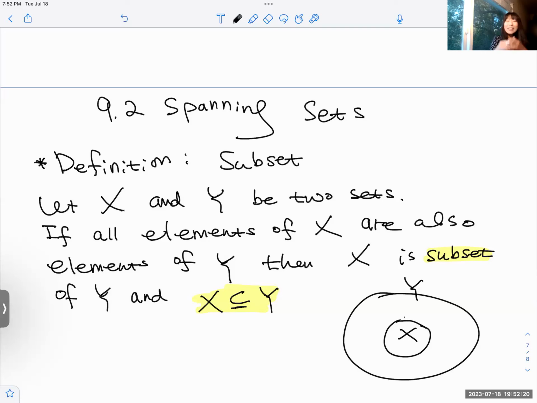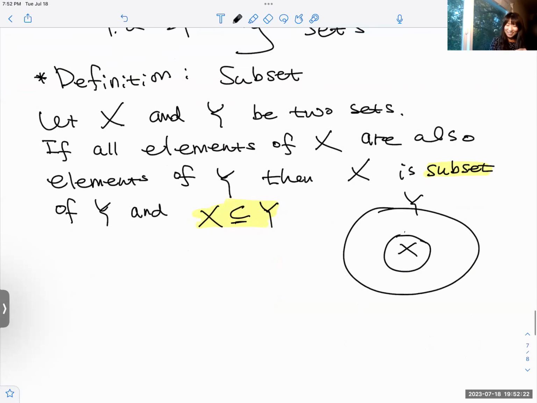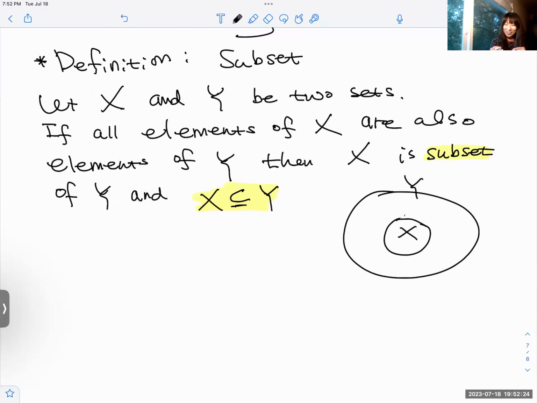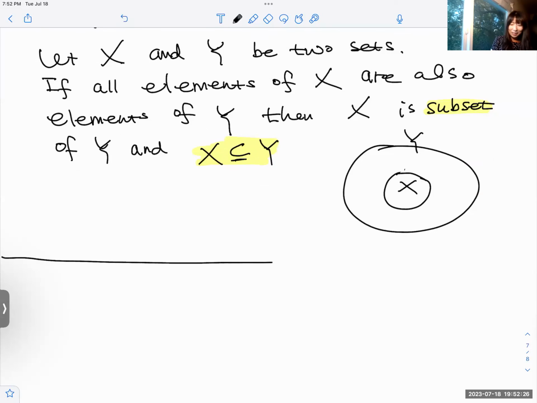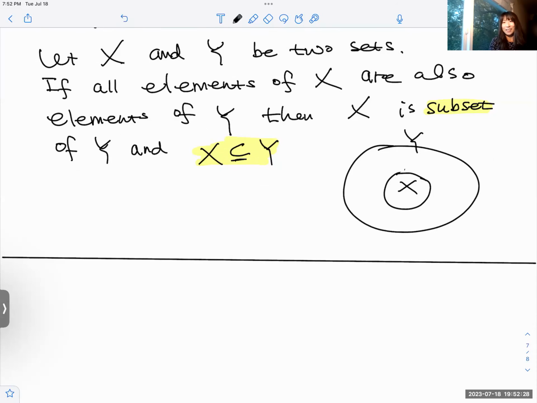Okay, now linear combination again. This is very familiar now, right? Linear combination. Okay, definition. So linear combination.